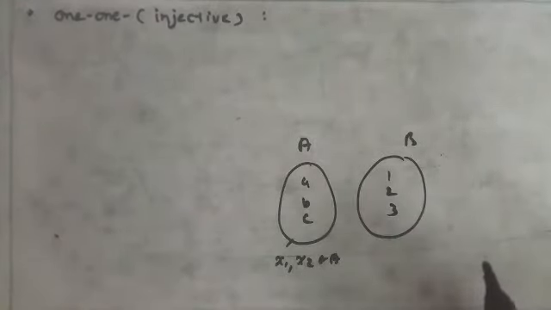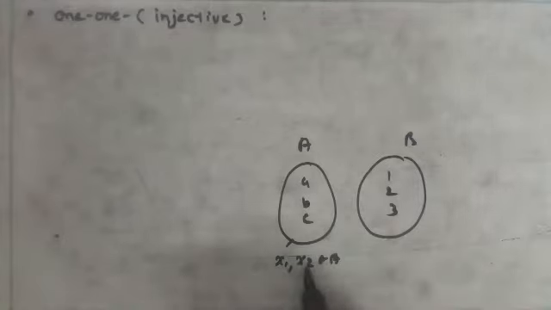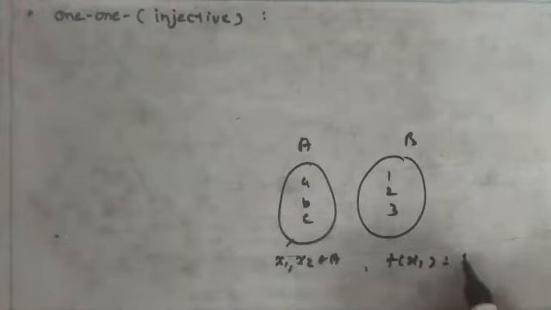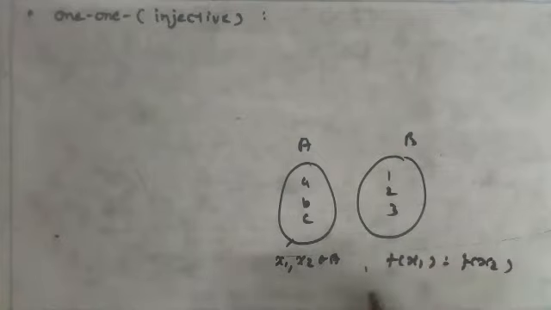Friends, one-one function: for x1, x2 belonging to A, if we take f(x1) equal to f(x2), then we prove that x1 equals x2. Then we say that the given function is a one-one function.